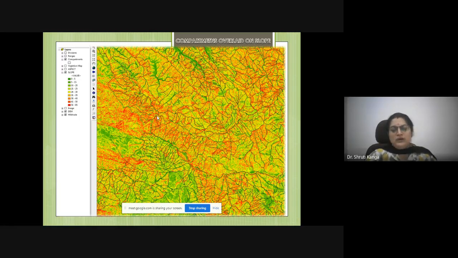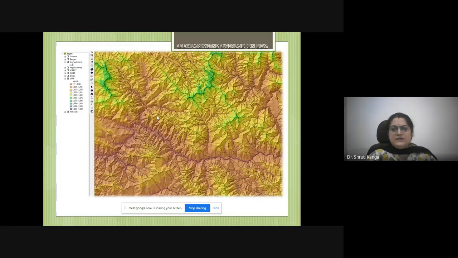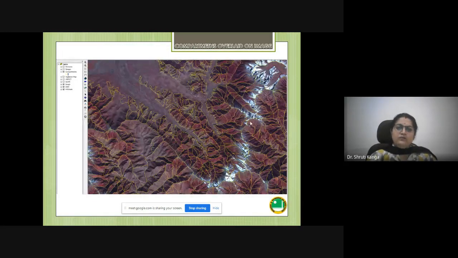Based on these activities, we can have a rough idea about a particular compartment, what kind of forest it has. Suppose I'm clicking on this, this may have a very degraded sort of forest. But if you see here, we have a dense sort of forest.